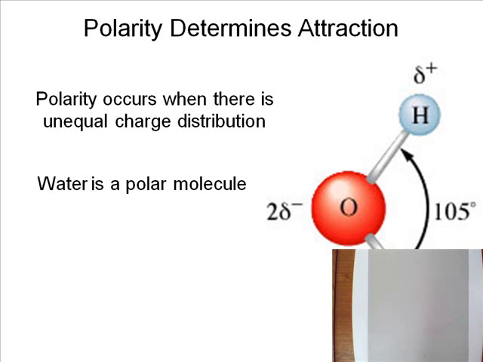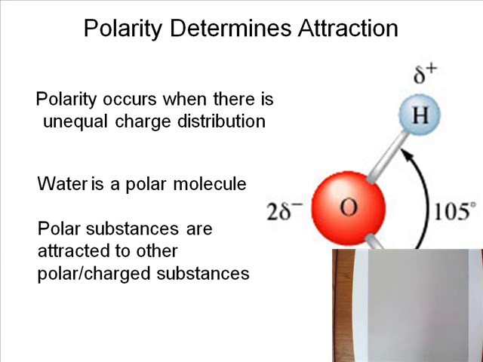The hydrogens don't have nearly the pulling power of electrons, and so they have a more exposed nucleus, and therefore those two regions are polar positive. So water is enormously polar in that it has an unequal distribution of charges.